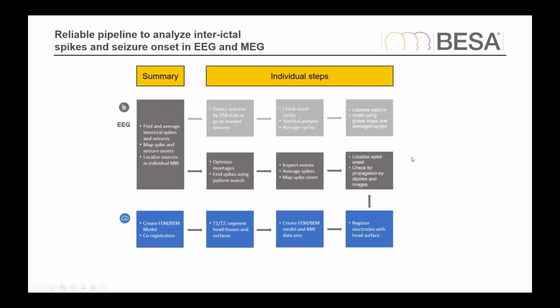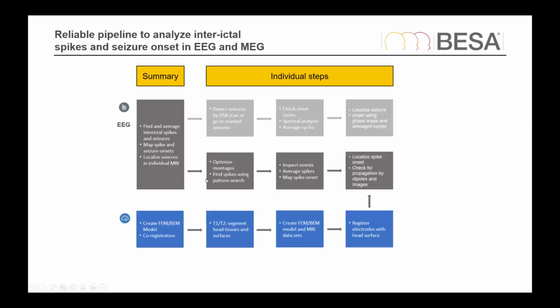Today we're going to look at EEG, in fact, and this is just the general idea of how we propose to go about data analysis of epilepsy spike and seizure data. So we would first find and average the interictal spikes and seizures, map the onsets, and then localize the sources.